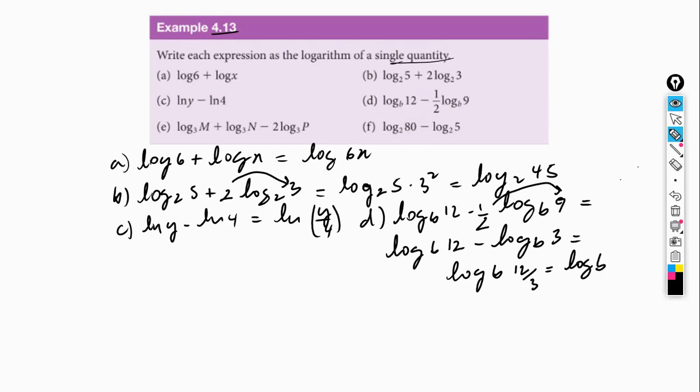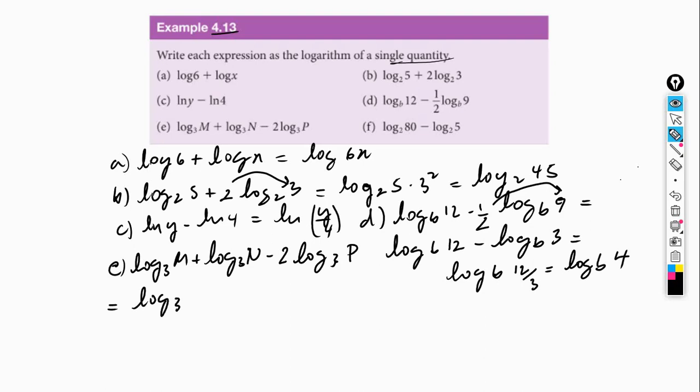Then for E, we have log base 3 of m plus log base 3 of n minus 2 log base 3 of p. So notice that this is going to equal log base 3 of m times n over p squared.